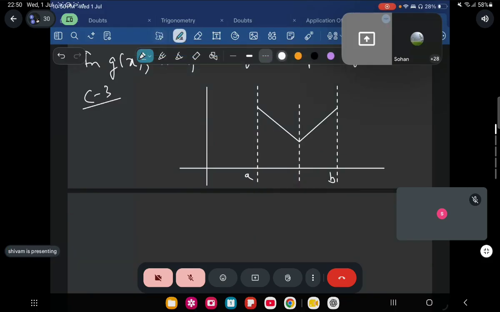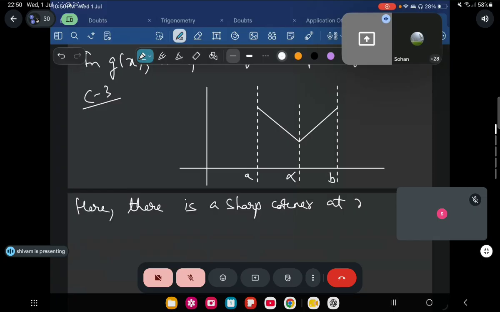What is f dash at alpha? Sohan? No, there is a sharp corner at x equal to alpha.